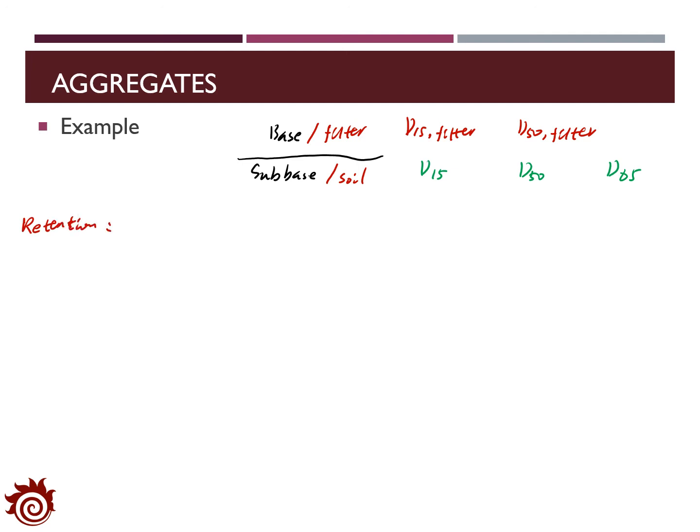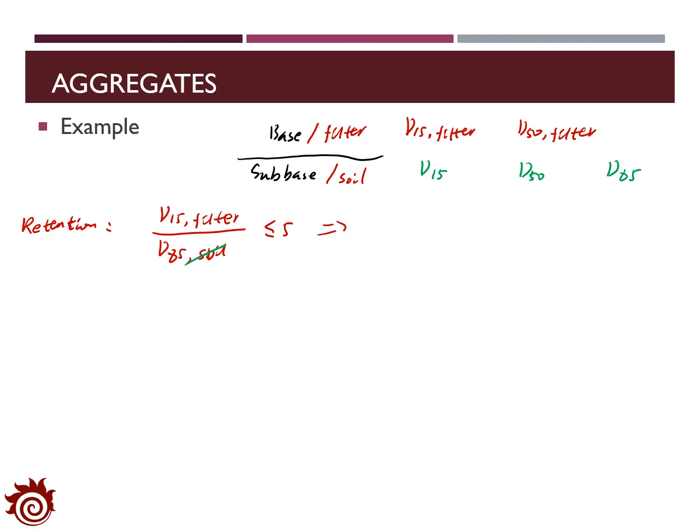So we will have D15 filter over D85 soil, which we will just use D85 to simplify the calculation. This one should be less than 5.